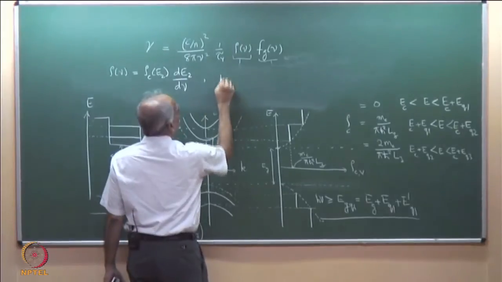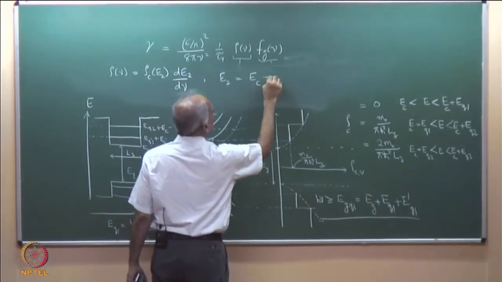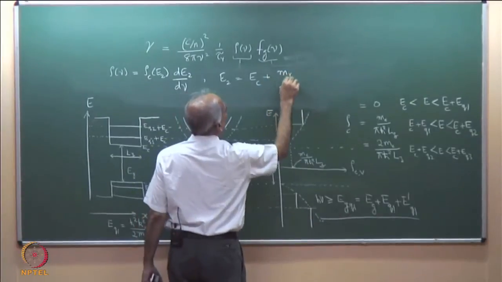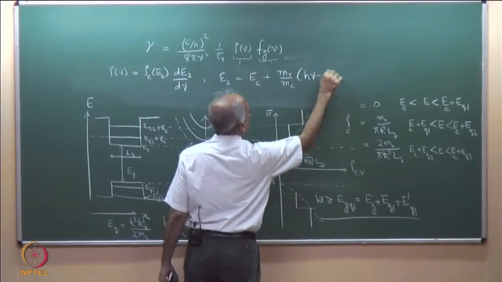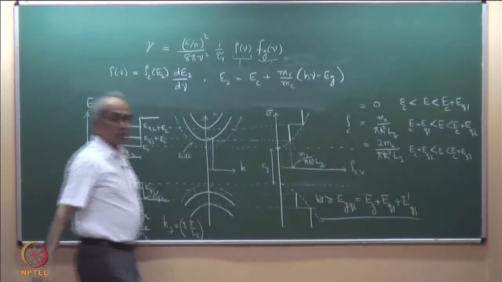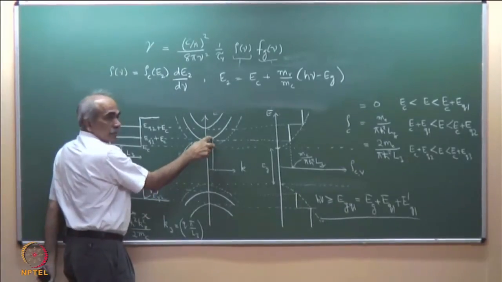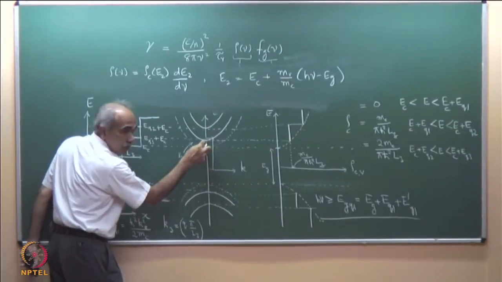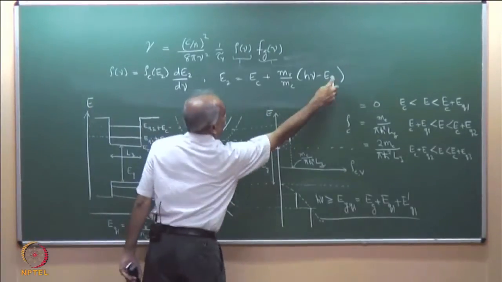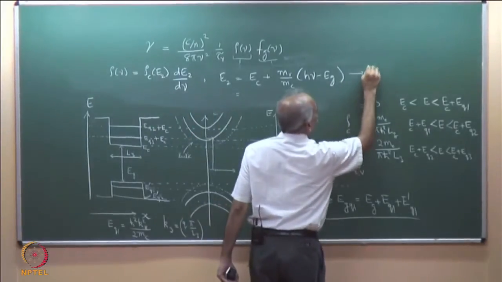We had an expression for E2 in terms of nu: E2 was Ec plus Mr by Mc into h nu minus Eg. This is for bulk. Now, E2 is an energy level in the conduction band, which is Ec plus Eg1, and then this difference.